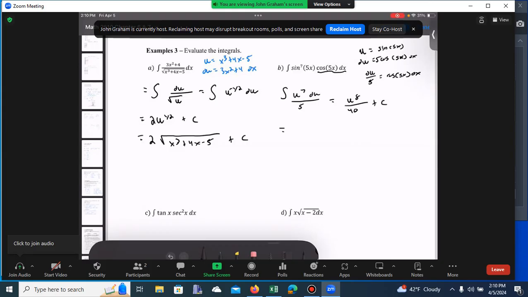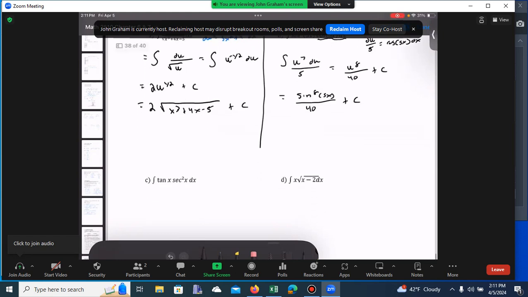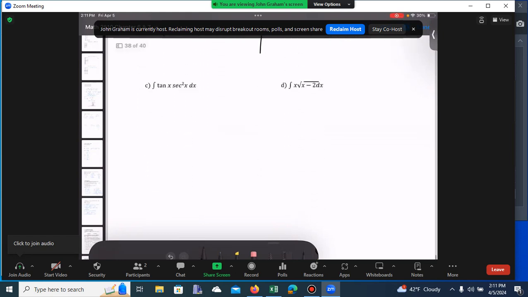And then substitute in what we have for u. So it'll be sine to the 8th of 5x over 40 plus c. This is one way of doing it when we have trig. It doesn't always work, again. One of the whole sections we do in Calc 2 is different integrals with trig.